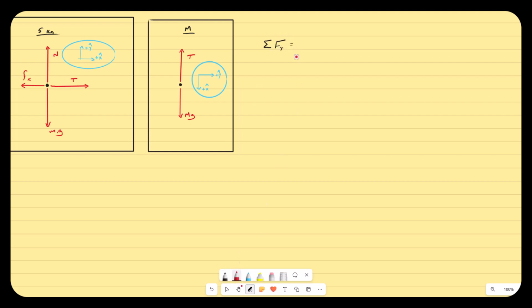Sum of y forces, I'm going to get N minus m1g equals m1 times acceleration in the y direction. Acceleration in the y direction still has to be 0, same reason as before. Normal force equals m1g equals 5 kilograms times 10 meters per second squared. That is 50 newtons.